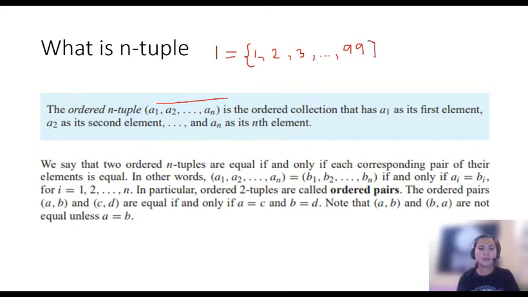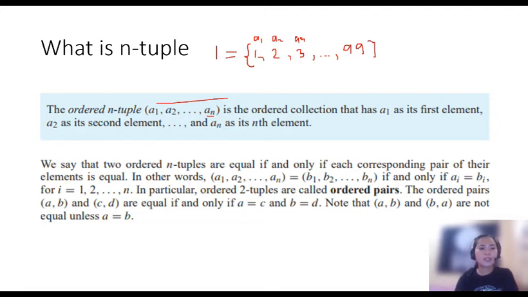Our a sub 1 here is 1, our 2 is a sub 2, our 3 is a sub 3, and a sub n can be represented by any number. That's an n-tuple.